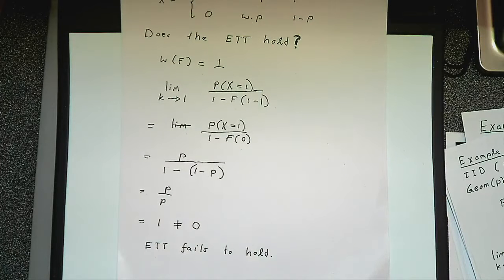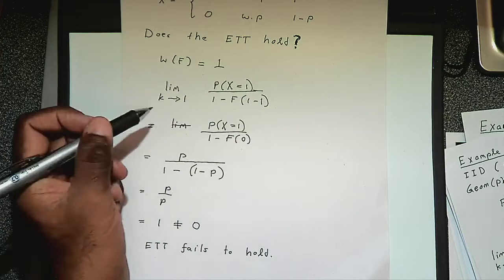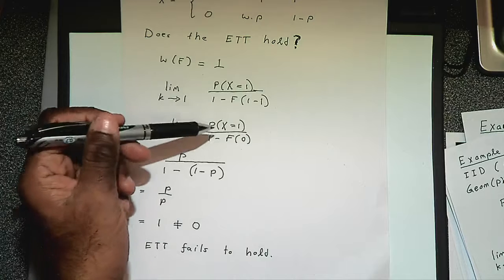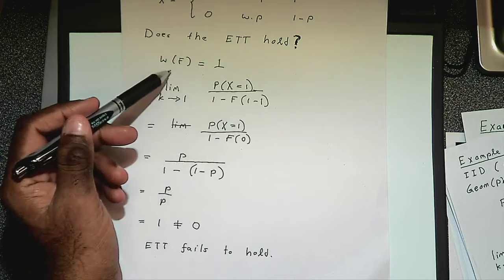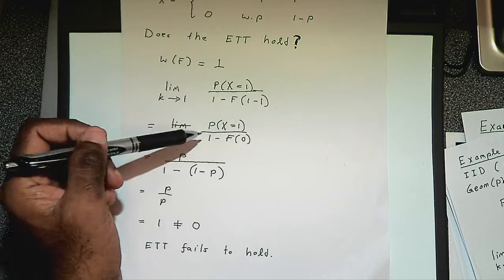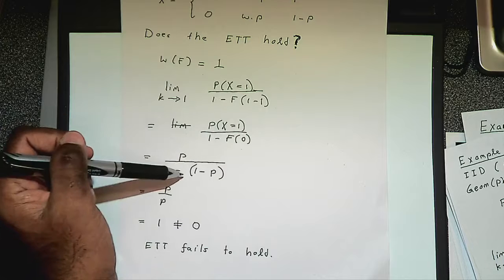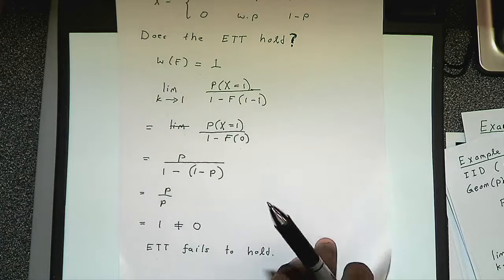Any questions, guys? So basically you're working this out at x_k equal to 1 because your W of F is 1, right? So this becomes this because of what is given to us.